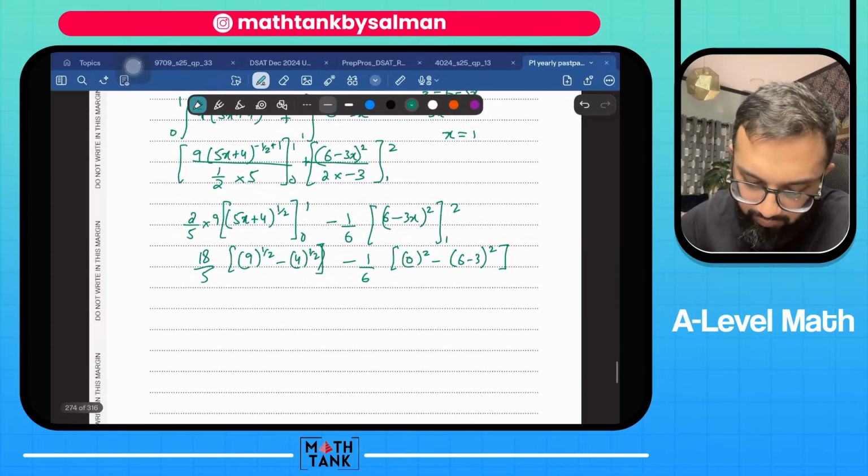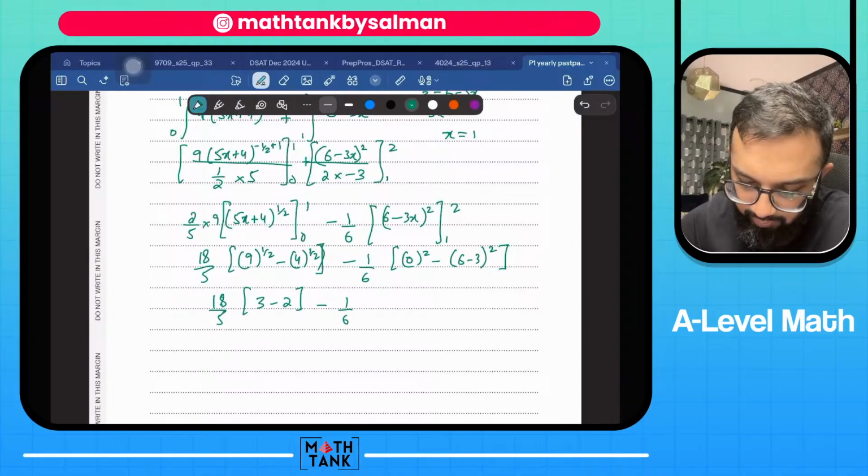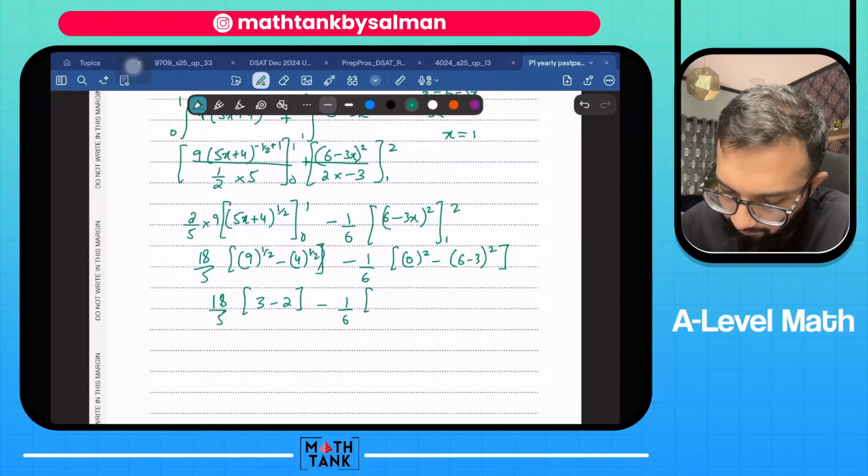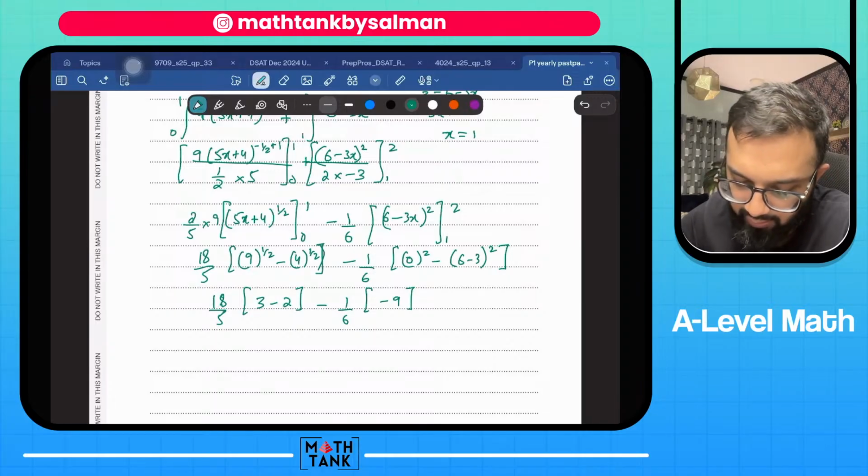So 18 over 5, 3 minus 2. That's 3 squared and minus 9.